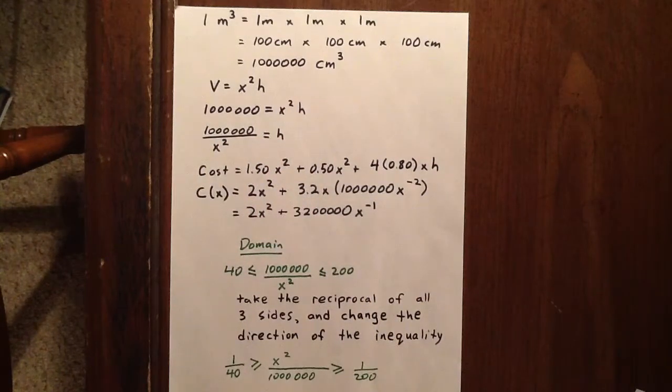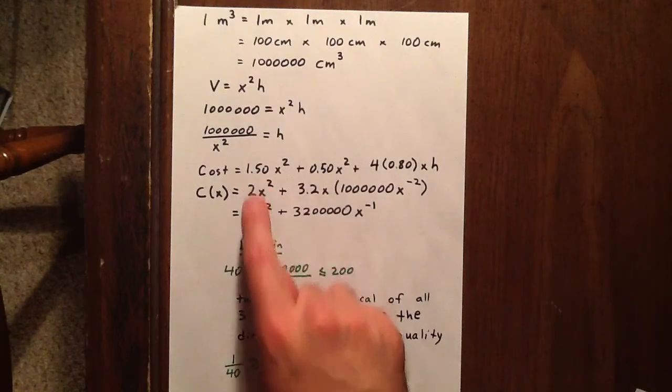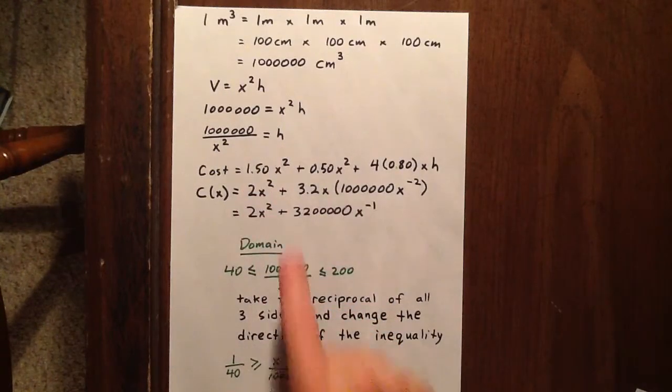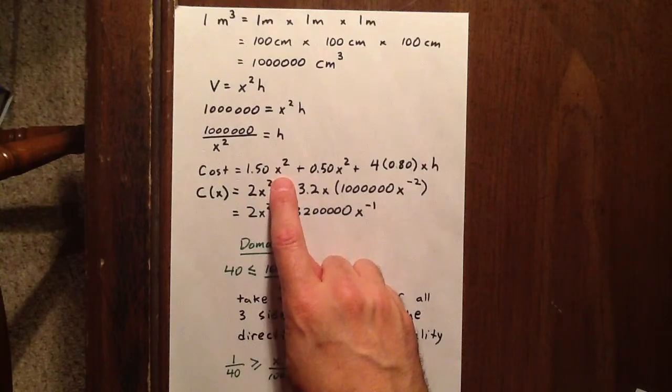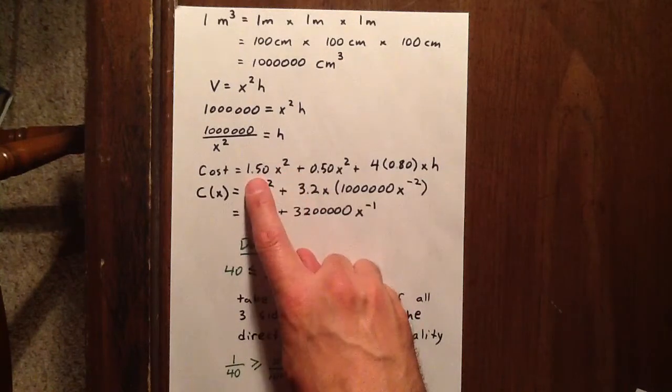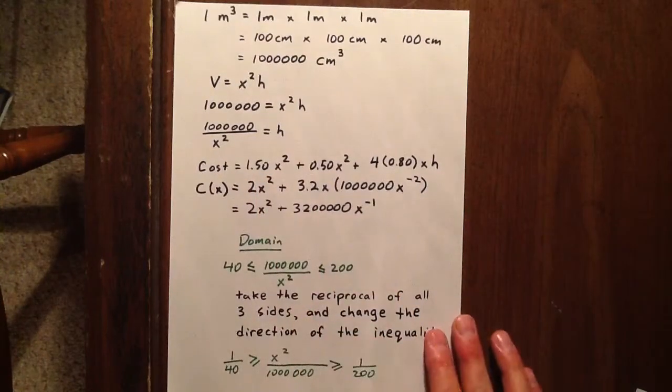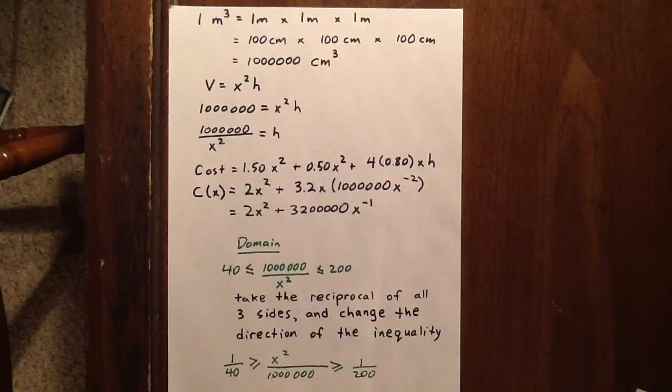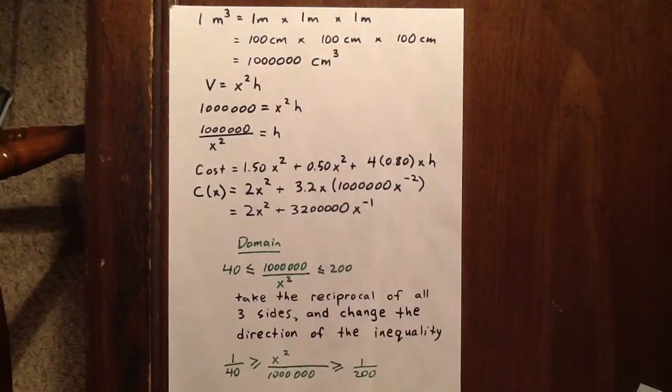Now, since the floor is $1.50 per square centimeter, and we have an area of x times x, we can say that the cost of the floor is 1.50 x squared. And the cost of the ceiling is 0.50 x squared by similar considerations.